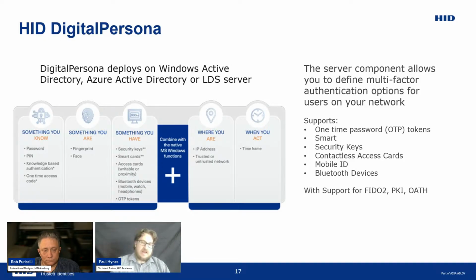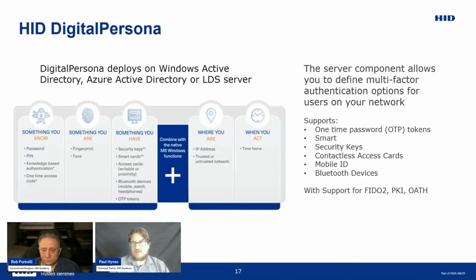You're saying my three factors, something you are, have, or know, tell me who I am. But you can then combine those native Windows functions. Windows can already deal with those three factors of authentication, and HID Digital Persona lets you also use these other inherences of where you are, when you act, things like that.